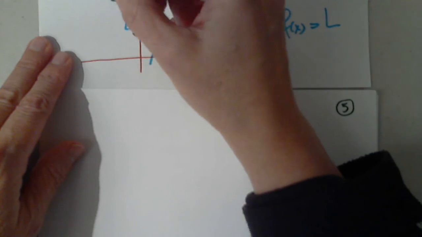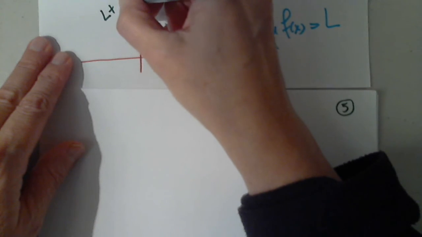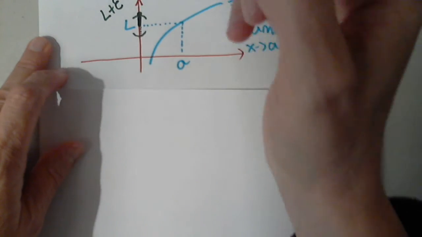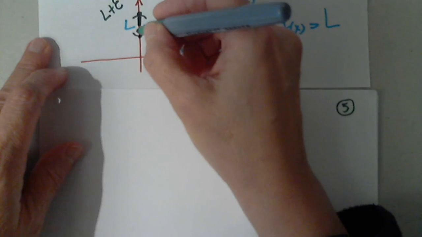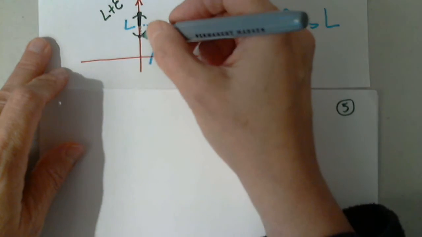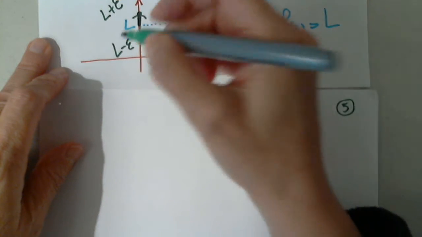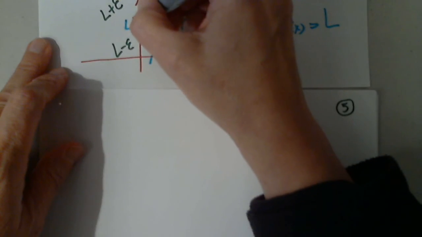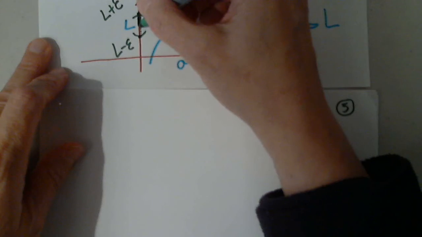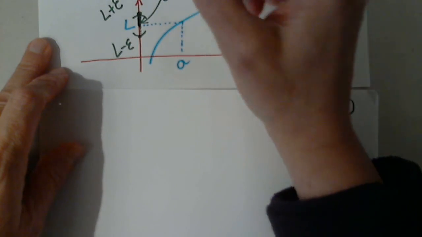This point here is L plus epsilon. This point here obviously would be L minus epsilon. So obviously the width between L and this point, of course, is epsilon.